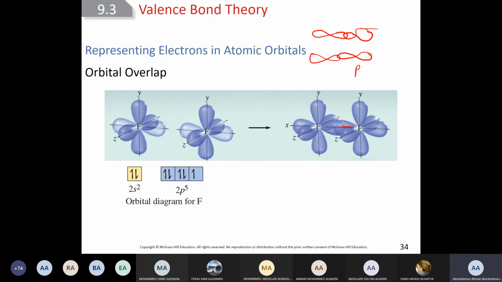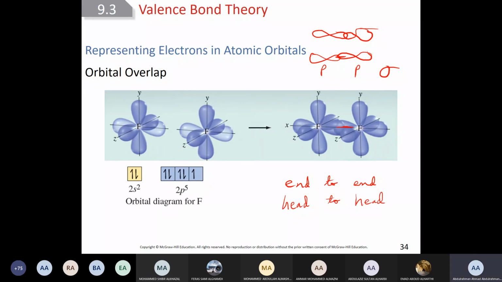And what type of bond is this one? Also sigma. Sigma bond, P to P, and it is end to end. Don't forget this name, end to end, or what's the other name? Head to head.